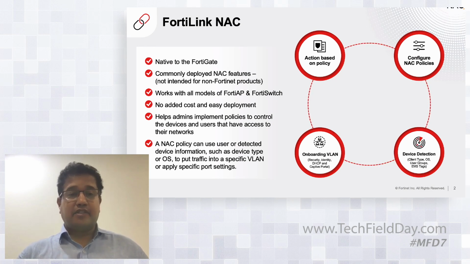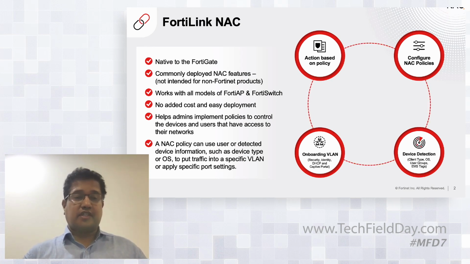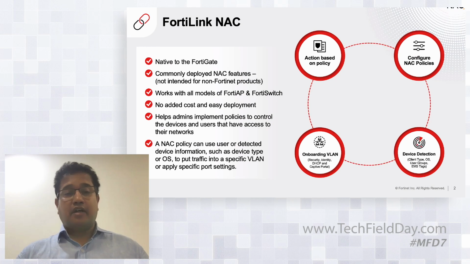It helps admins implement policies to control the devices and users that have access to the network. Here you can create a NAC policy and detect device information, such as based on various classifications of the device, the user type, username, host name, device OS, etc., and put that particular client into a specific VLAN or apply settings based on the port.